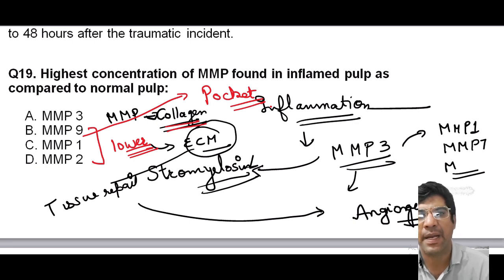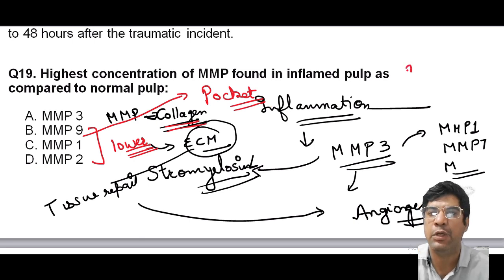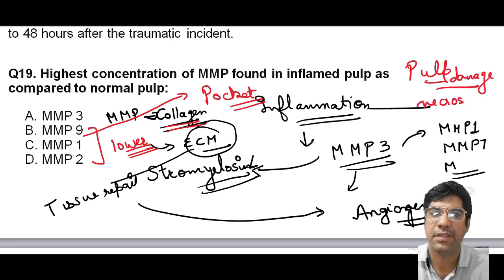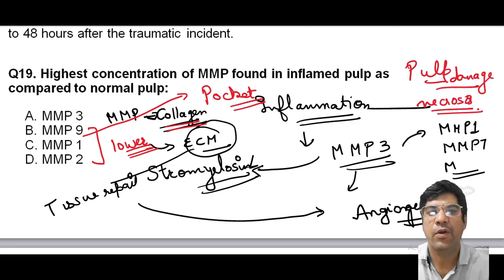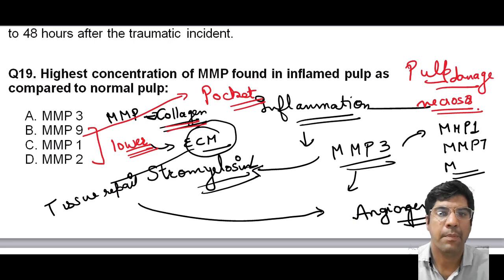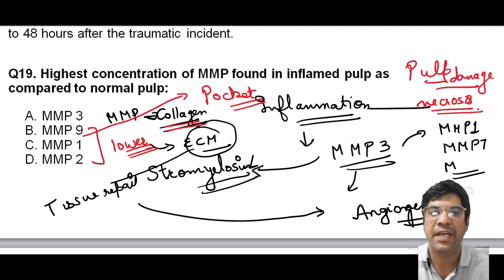In severe pulpitis, excess MMPs can lead to pulp damage and necrosis. So endodontic therapies may target MMPs to reduce the inflammation within the pulp and limit the damage to dentine and the pulp tissue.